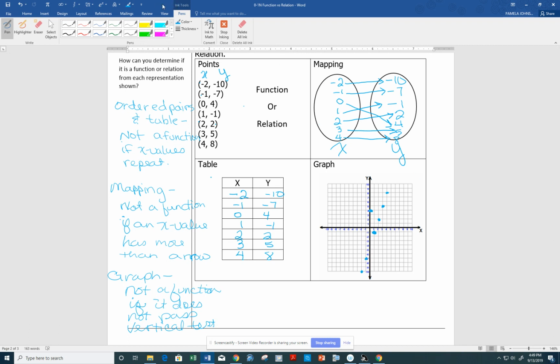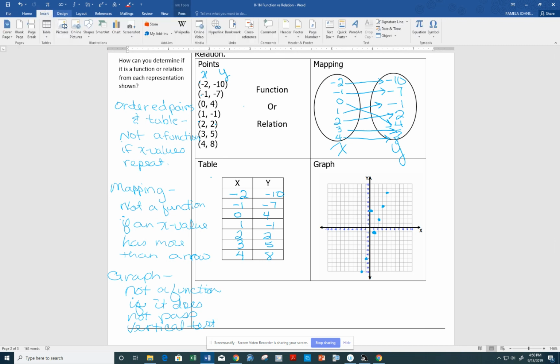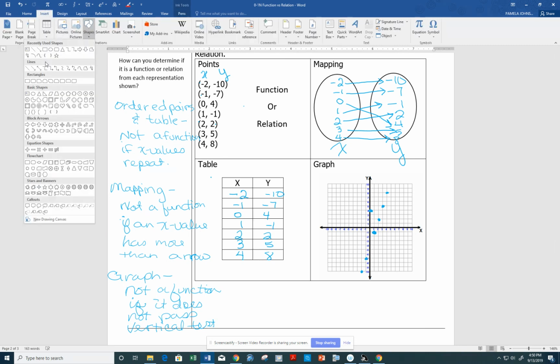And if I were to draw a vertical line anywhere on my graph, I'm only going to hit 1 point. Okay. Granted, I can't draw a very straight vertical line, but let's try this. I can draw a vertical line, guys. Watch. I'm going to insert a line.